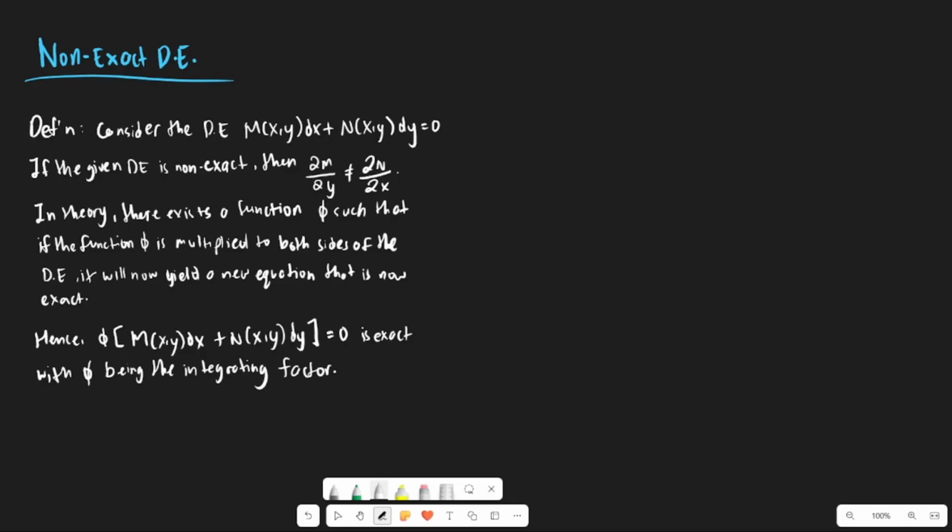So basically, in summary, we have a differential equation, M(x,y) dx plus N(x,y) dy is equal to 0. We test for exactness, and we find that the partial of M with respect to y is not equal to the partial of N with respect to x.